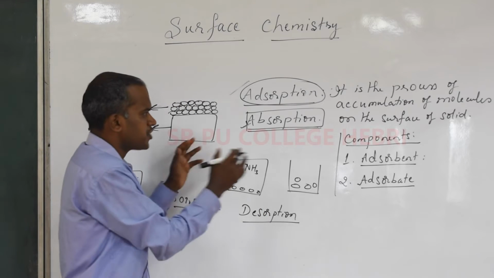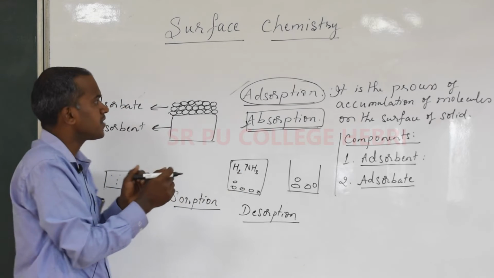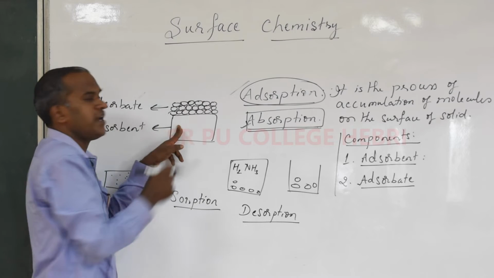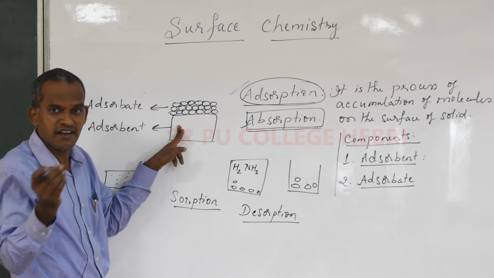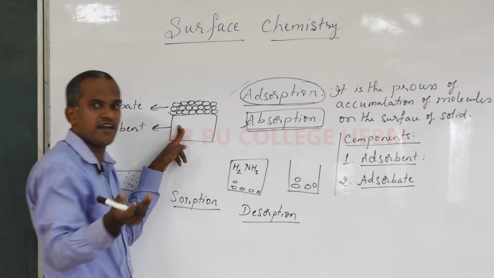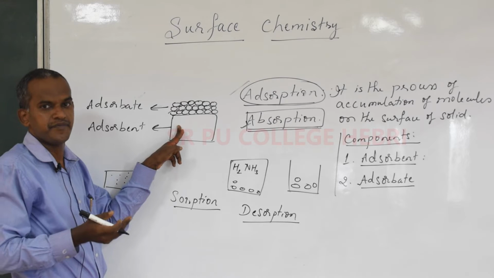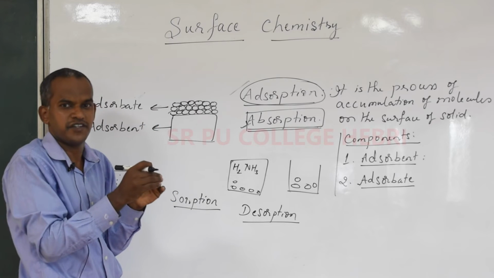So we understood some basic definitions here. After this, we have to understand, if the particles accumulate on the surface, I gave you the simple example of decolorization of sugar and the decolorization of some organic dye. In all these cases, what we understood was a phenomenon of adsorption.